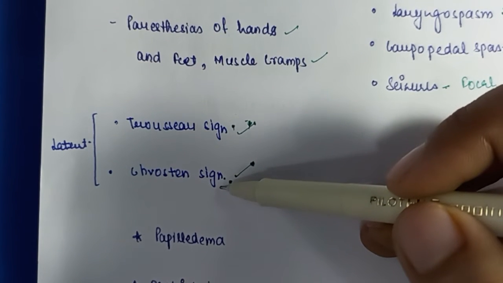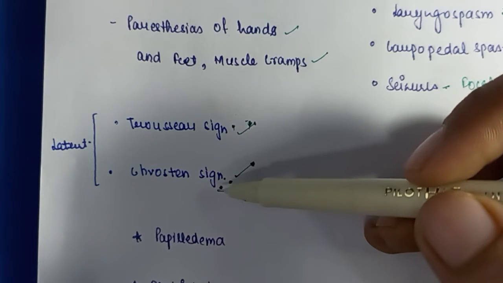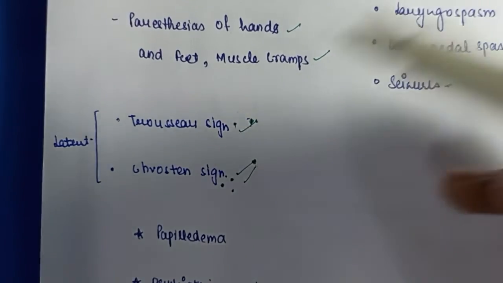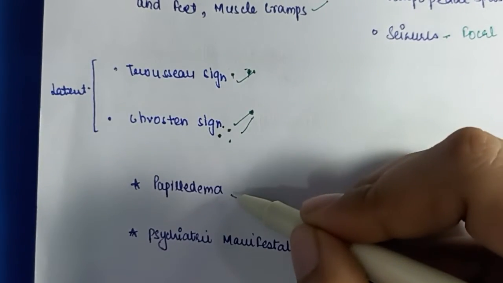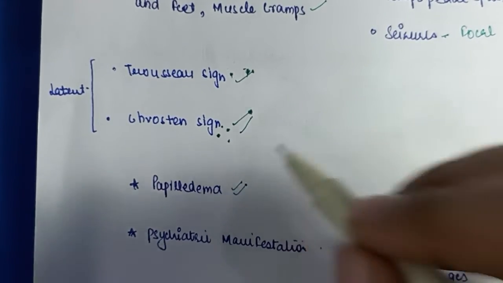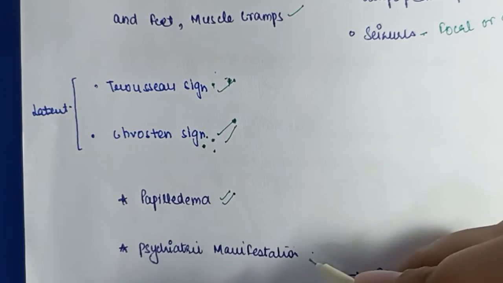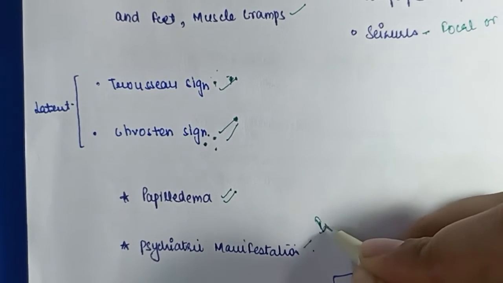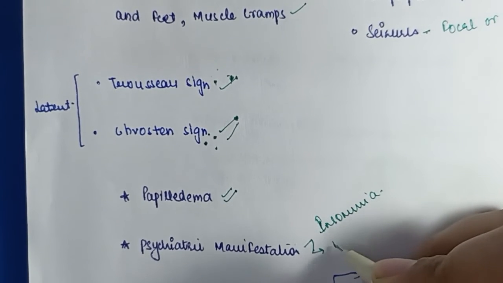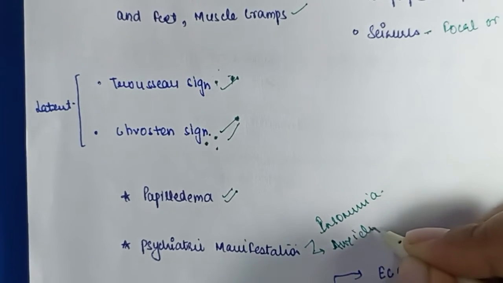And how can we elicit the Chvostek sign? By tapping anterior to the tragus, there will be twitching of the facial muscles. So this is the Chvostek sign. Very rarely, a patient with hypocalcemia can present with papilledema. And there can be psychiatric manifestations like insomnia, anxiety, and depression.